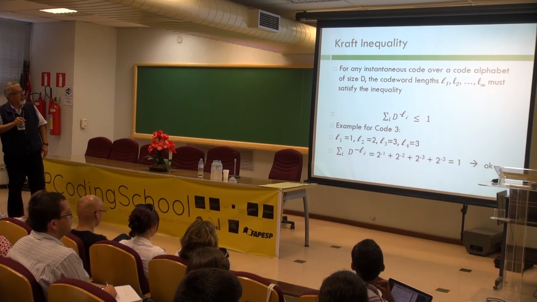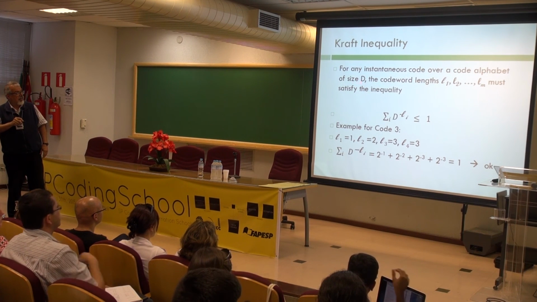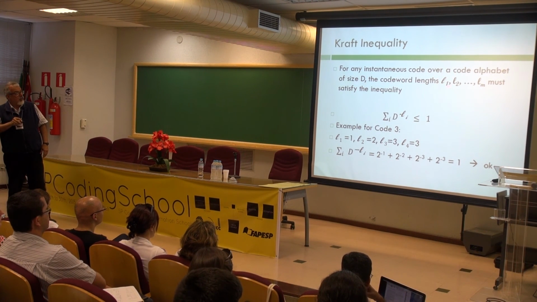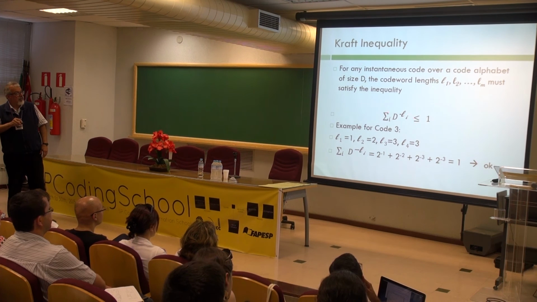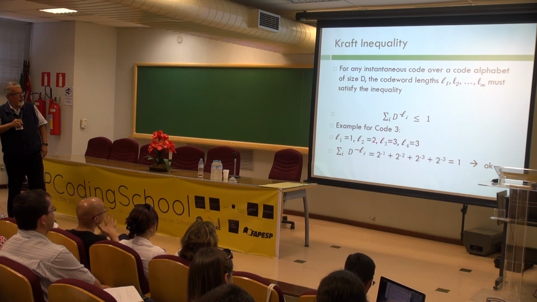So it says the following: any instantaneous code over a code alphabet of size D with lengths L1, L2 through Ln must satisfy this inequality. This has to be smaller or equal to 1. For code 3, for example, the one that we had before, L1 was 1, L2 was 2, and the last two had length 3. Then D was 2, right?